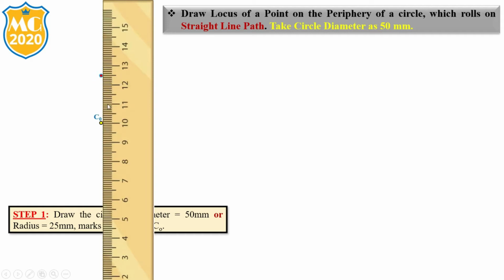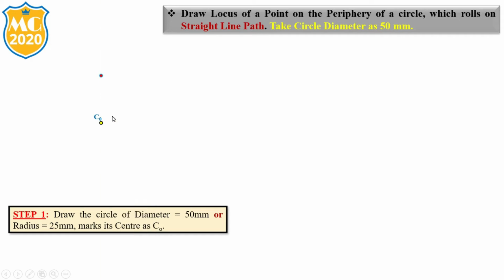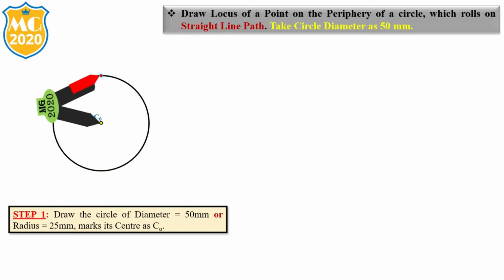Okay, so this is the 25 mm. Here we consider radius is 25 mm. Now we have to draw the circle. Here, so this is the 50 diameter.